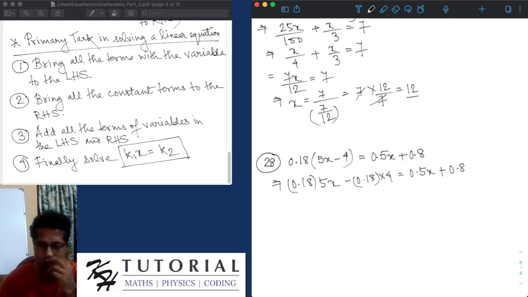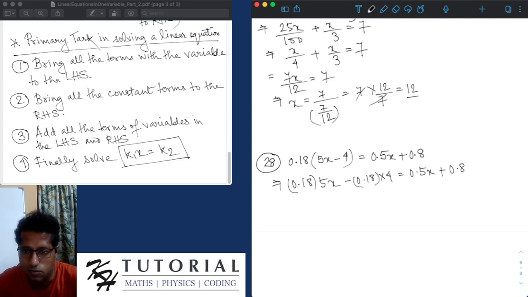So it doesn't matter if you first multiply by 100 to both sides, or if you simplify the given equation, that is, simplify the products and separate out the variable terms and the constant terms, and then multiply by 100 or whatever power of 10 is required. In both cases it will be the same.